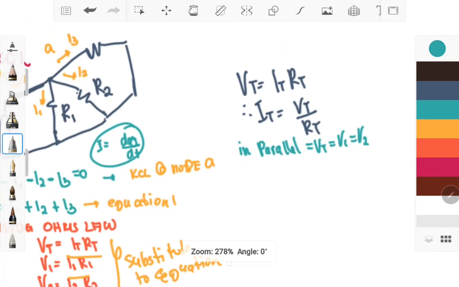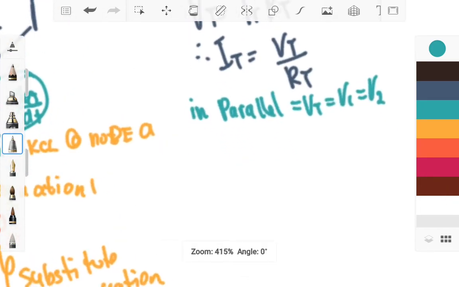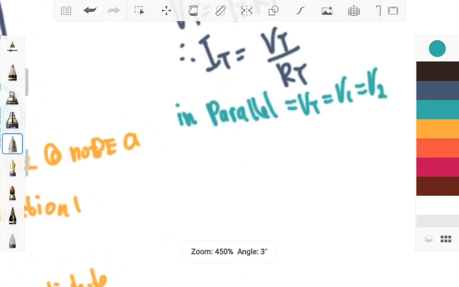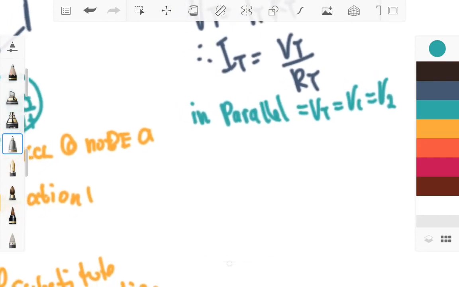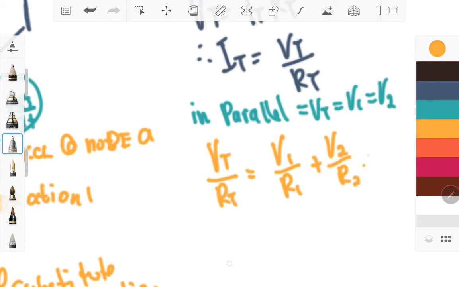So, therefore, let's substitute this to equation 1, your parallel combination. We have I total is equal to V total all over R total, is equal to V1 all over R1 plus V2 all over R2 plus V3 all over R3.